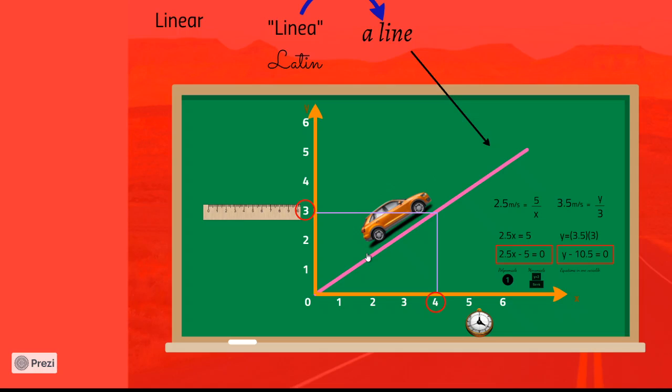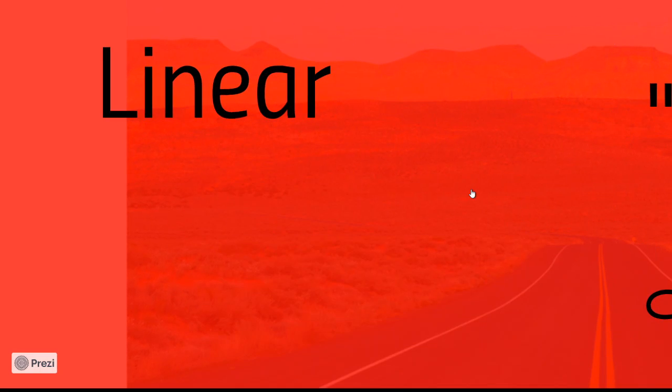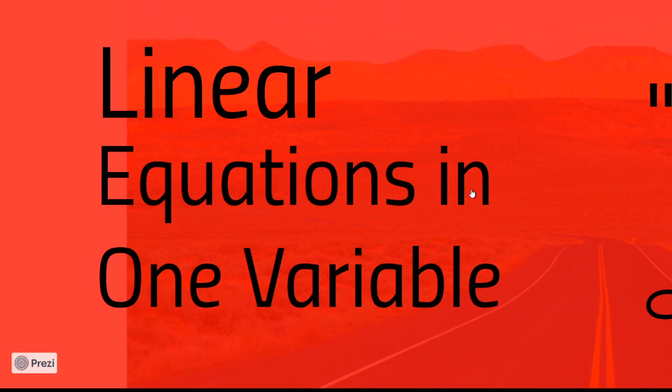So if you hear the word linear equations, you should understand that when you put the equation in a graph, it will have a straight line. Whenever there is a linear relationship, that relationship has a straight line. So whenever you hear the word linear, you should understand that it is related to something with a straight line. You get it? So now, welcome to the new chapter, linear equations in one variable.